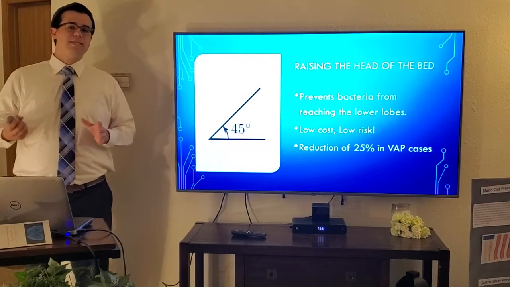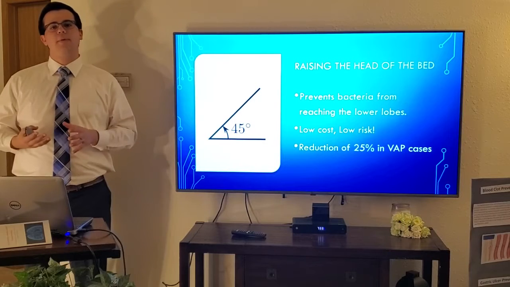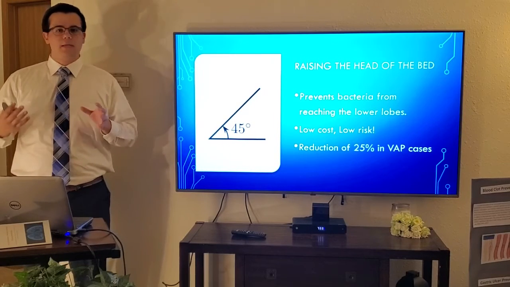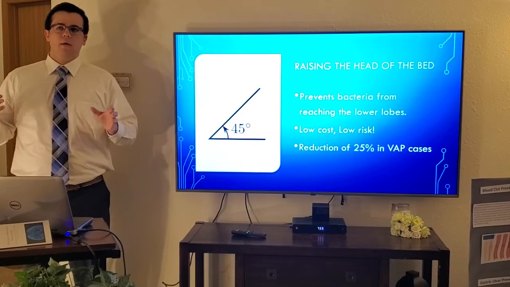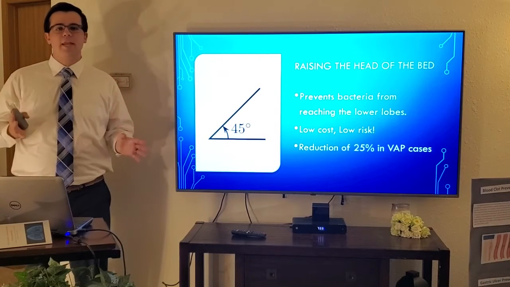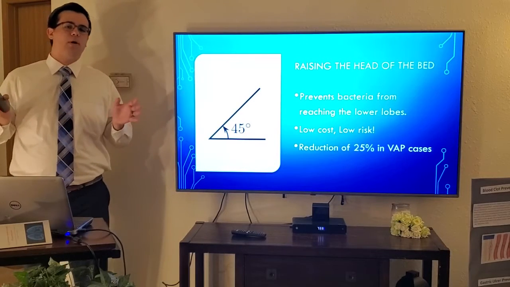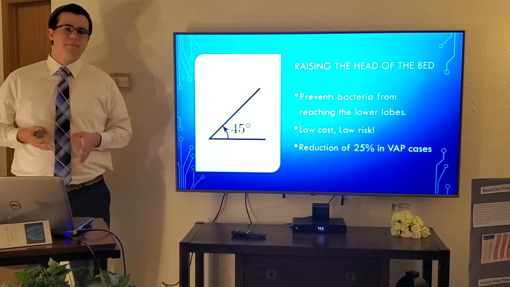So how do we take care of this? How do we reduce the development of VAP in intensive care patients? Well, tons of research has been done, studies have been created, clinical trials have been tested, and they've come up with something called a VAP bundle.